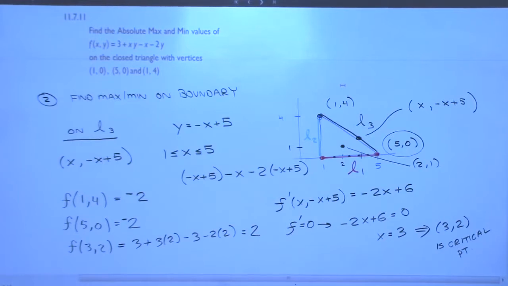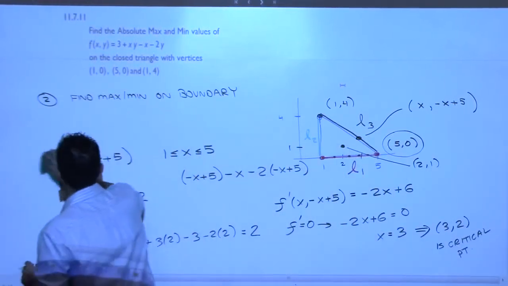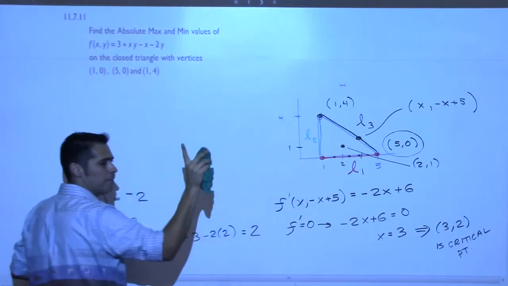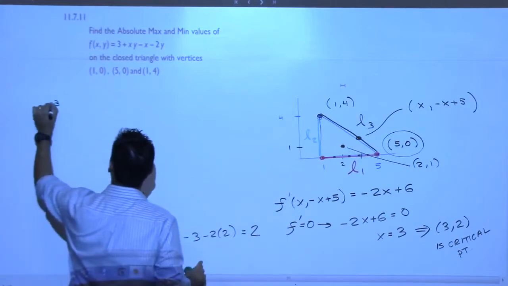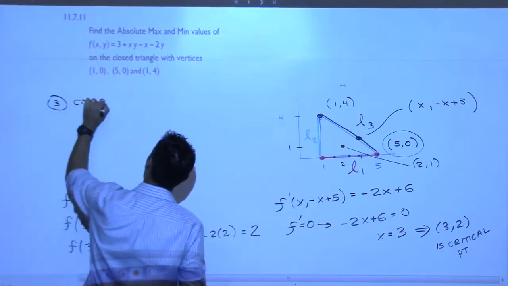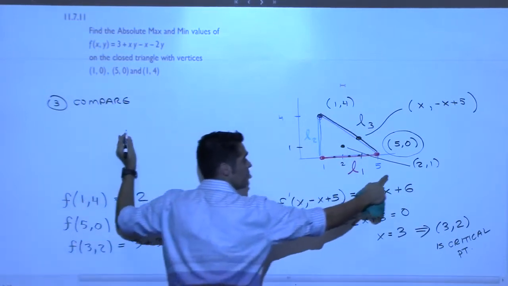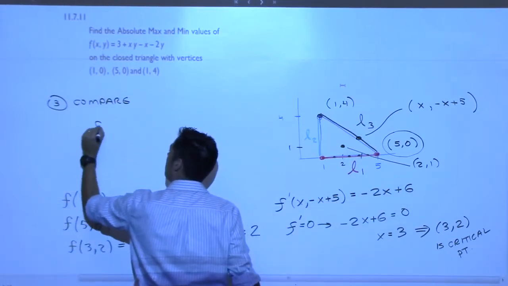Let me put all the points that were important to us together up on the board. We had, from the first part of this problem, so I'm on step 3 of this, I'm going to compare now. From the first part of the problem, I got this point 2, 1.